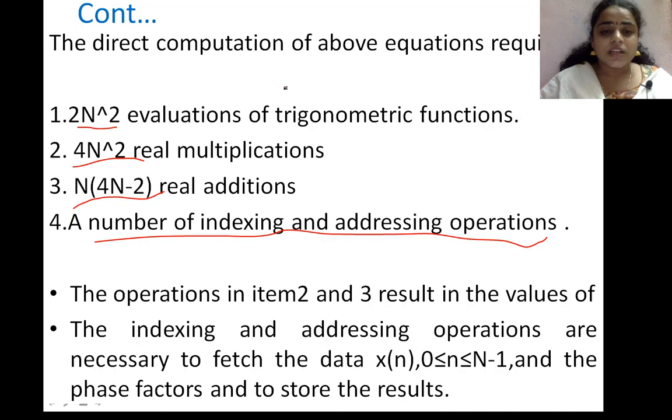That's why we need indexing and addressing operations. So we can say this method is also very inefficient to calculate our DFT. Finally, both the direct computation methods of DFT are inefficient, so that's why we will approach the next methods.